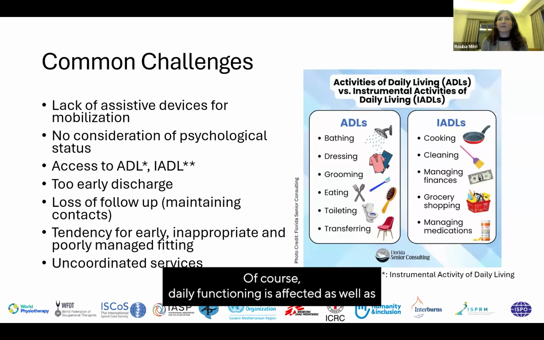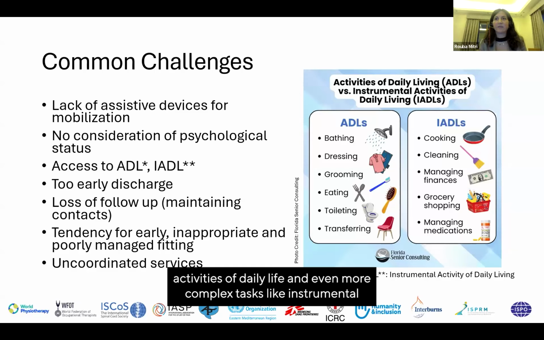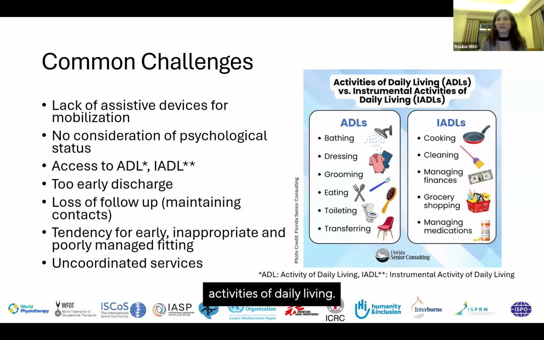Of course, daily functioning is affected as well, with difficulties in accessing basic activities of daily life, and even more complex tasks like instrumental activities of daily living.